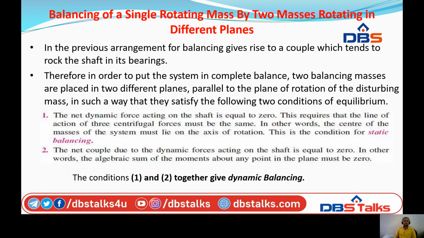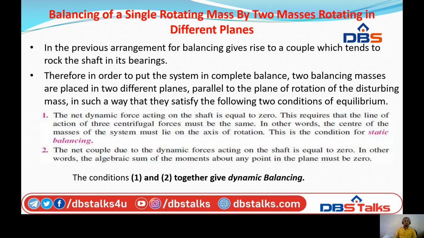Now, balancing of a single rotating mass by two masses which are rotating in different planes. We have discussed previously that by introducing a single balancing mass in the same plane of rotation as that of the disturbing mass, the centrifugal forces are balanced.